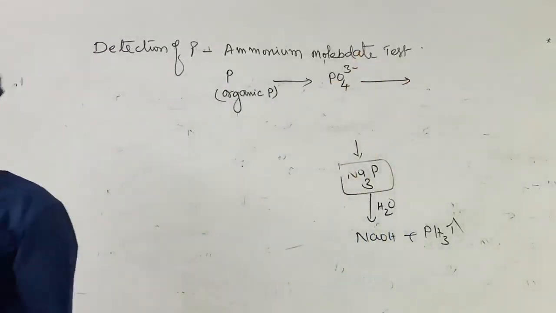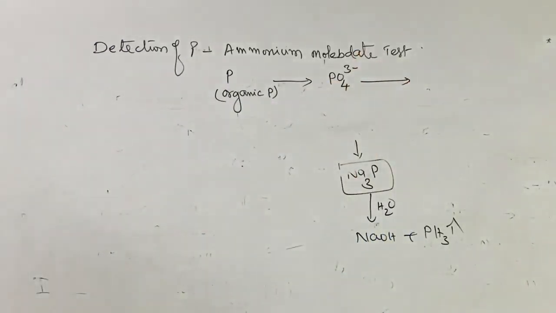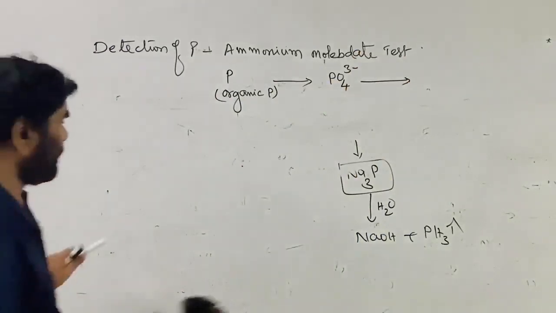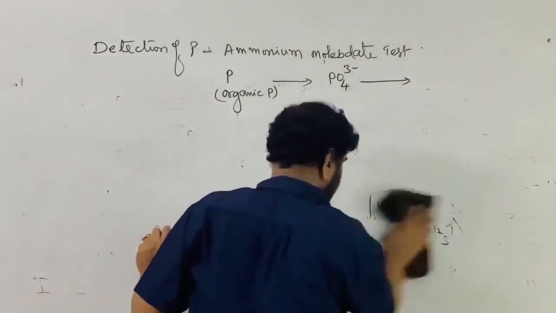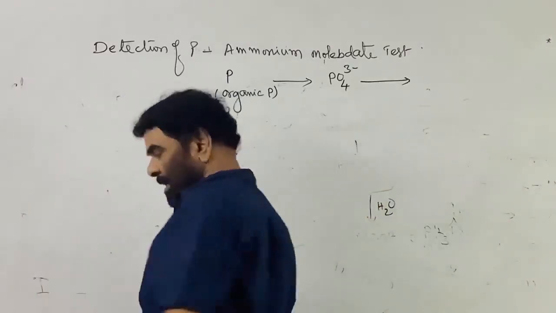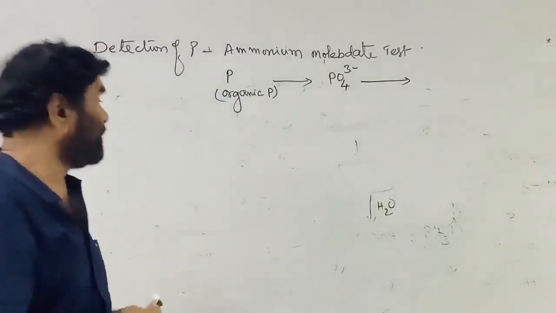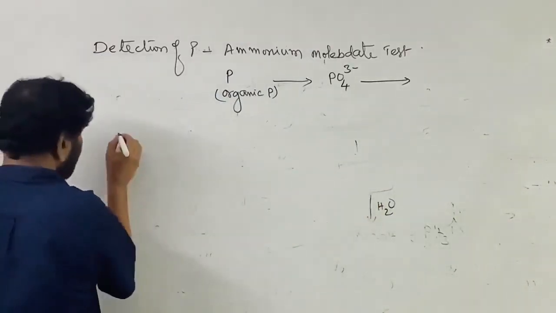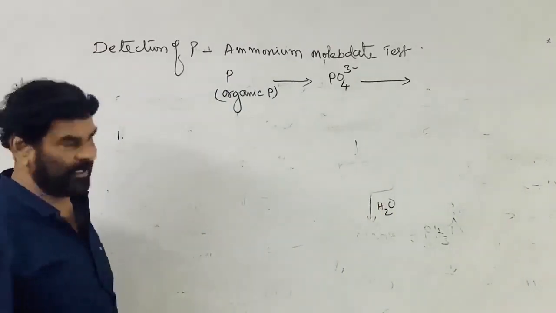So let me write the procedure for the detection. Organic phosphorus is first converted into phosphate in this test procedure.